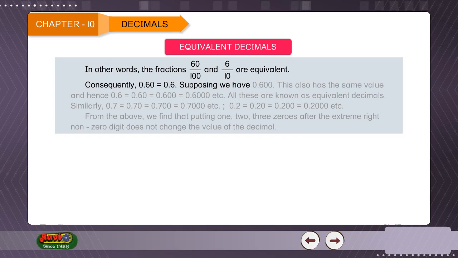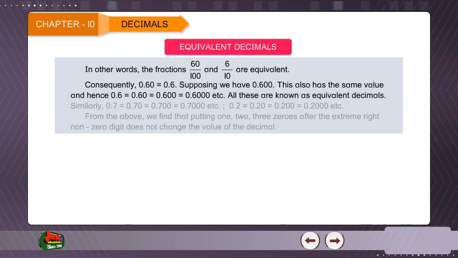Supposing we have 0.600, this also has the same value and hence 0.6 is equal to 0.60 is equal to 0.600 is equal to 0.6000, etc. All these are known as equivalent decimals.